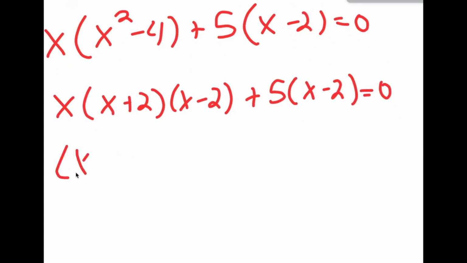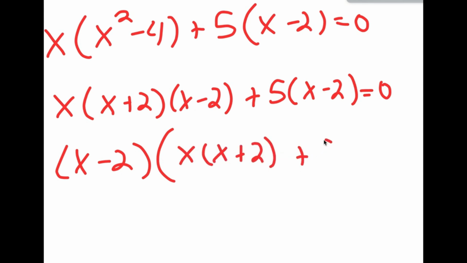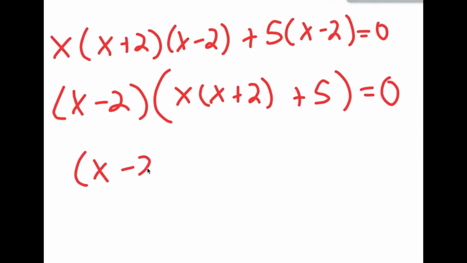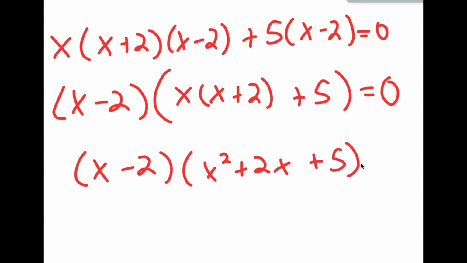Now from here, I can factor out x minus 2, so I get x minus 2 times x plus 2 plus 5 is equal to 0. And this simplifies to x minus 2 times x squared plus 2x plus 5 is equal to 0.